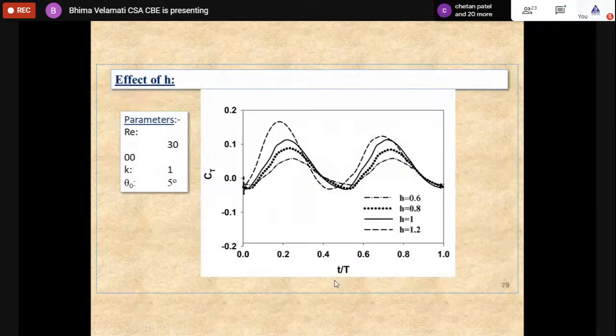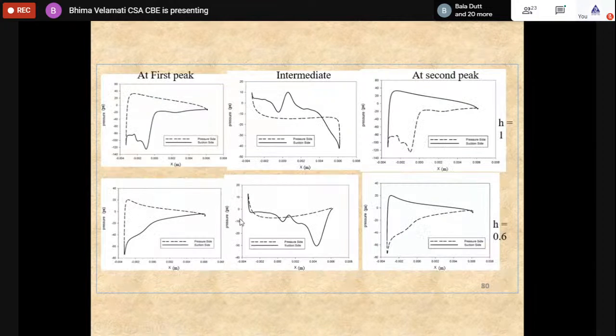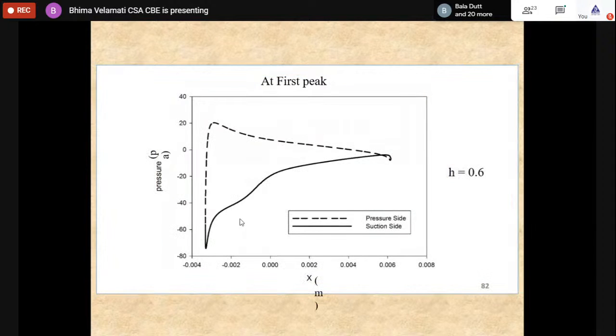The other parameter that we looked at is what will happen if I change the heaving motion amplitude H. If I increase the heaving motion amplitude, obviously my thrust will increase. So what is the effect of that with respect to pressure and analysis of that?